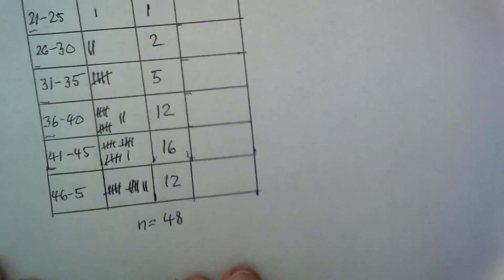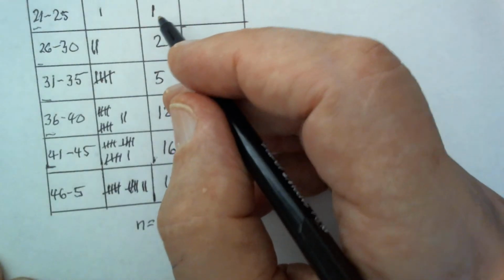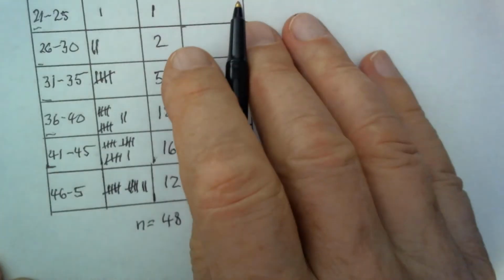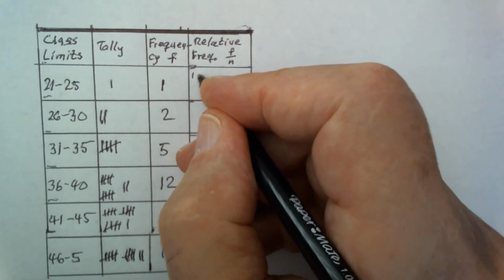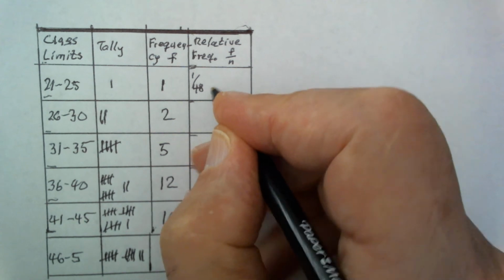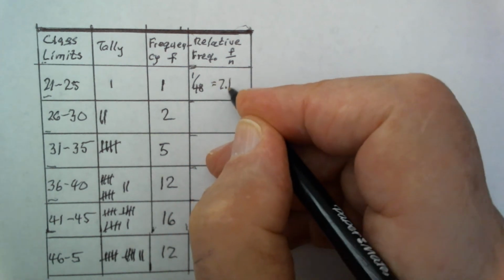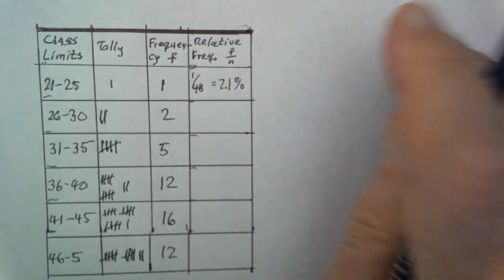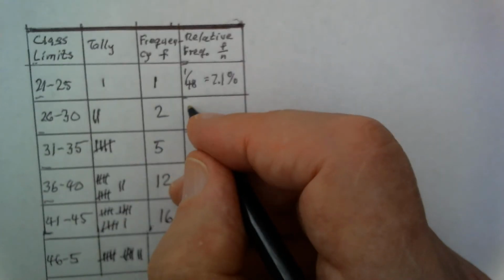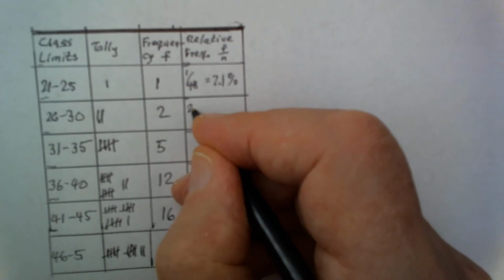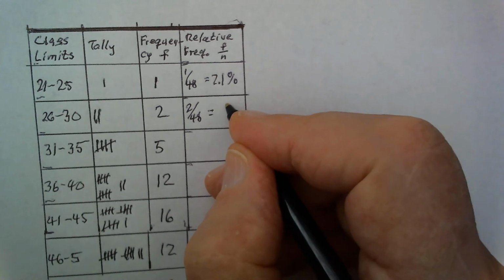So then for the relative frequency, we need to divide each frequency by 48. So 1 divided by 48 is approximately 2.1%. And you may want to use a calculator for that. And then 2 divided by 48, that's approximately 4.2%.